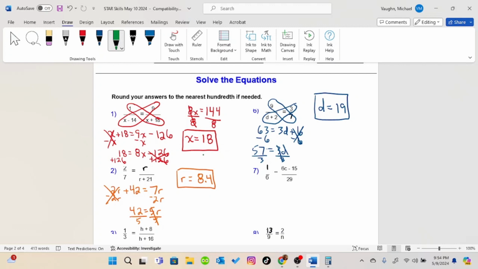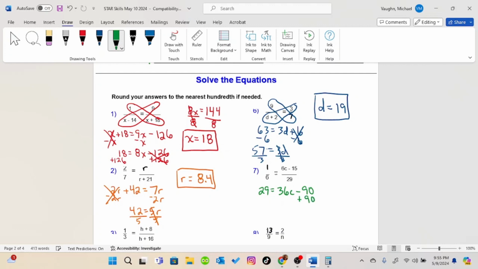Number 7. We cross multiply. 1 times 29 is 29. 6 times 6c is 36c. And 6 times negative 15 is negative 90.